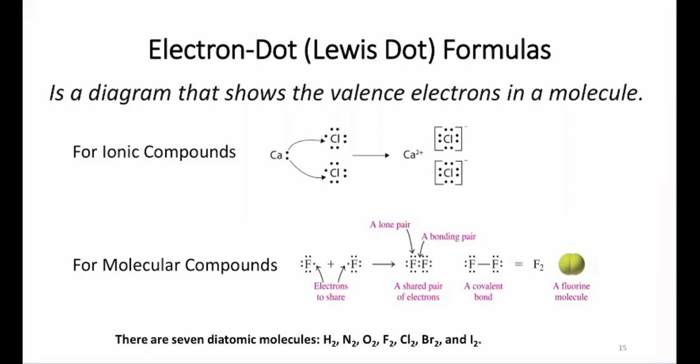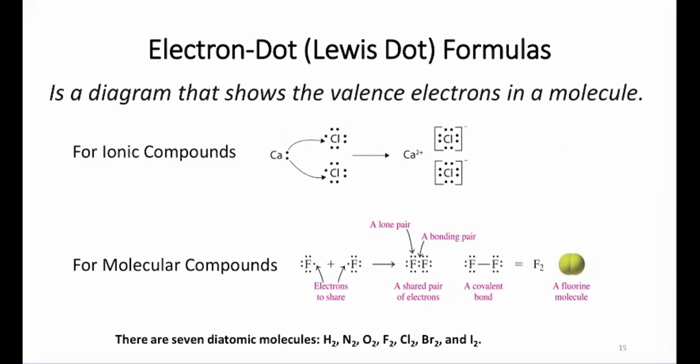Lewis dot because of the scientist that created this concept, okay? So an electron dot formula or a Lewis dot formula is a diagram that shows the valence electrons in a molecule.